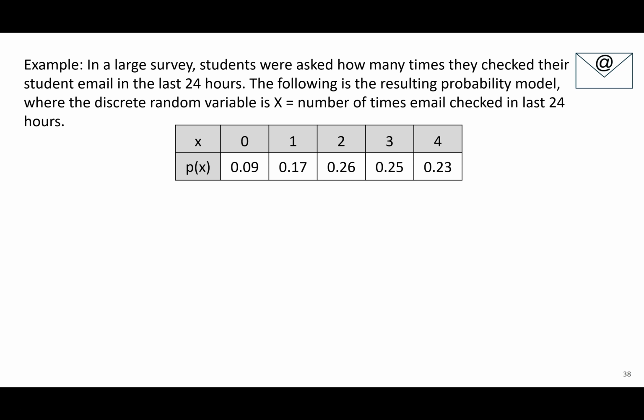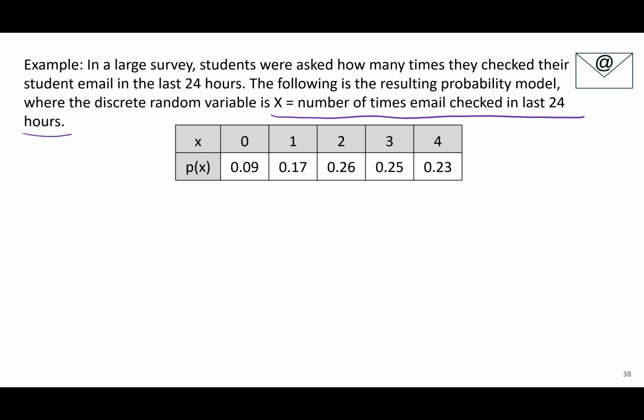Students said 0, 1, 2, 3, or 4. They didn't have students that said more, and you can't have students say they checked it 2.5 times. You can only check it a whole number of times, and you can't check it fewer than 0. So our random variable here is the number of times they checked their email in the last 24 hours.